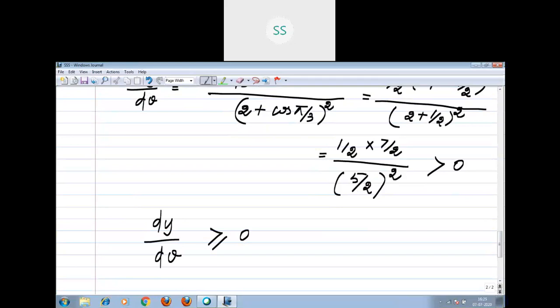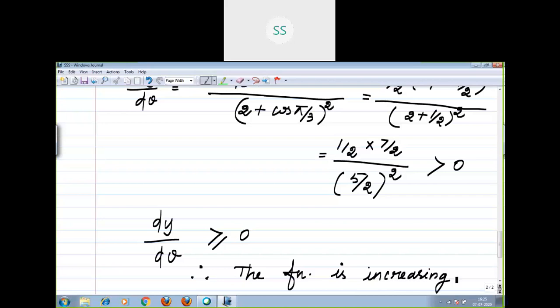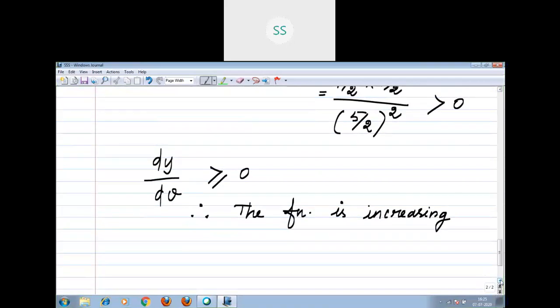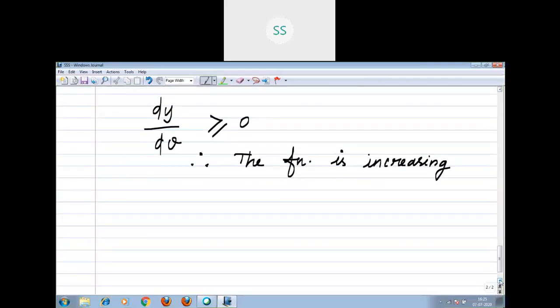It is an increasing function. Therefore, the function is an increasing function of theta in the closed interval 0 comma pi by 2.